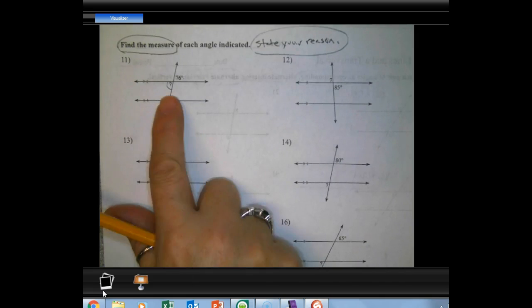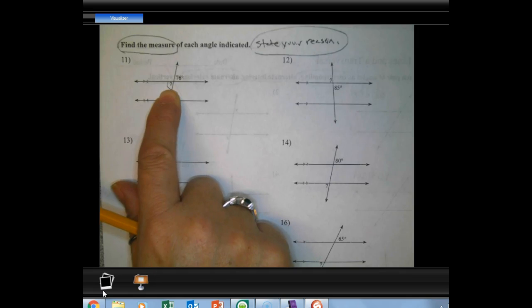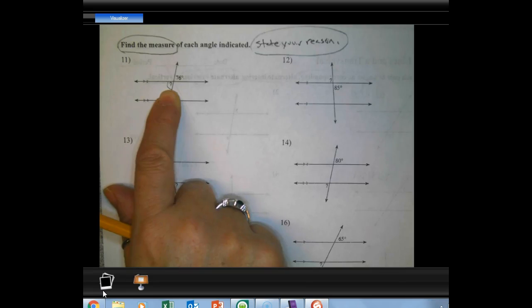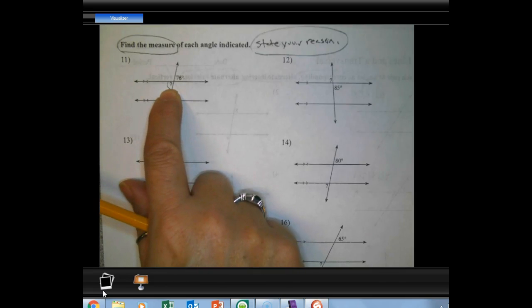What can you tell me based on knowing congruency? What is the measurement of this angle going to be? Jimena? Based on knowing that it's congruent, what would the measure be?